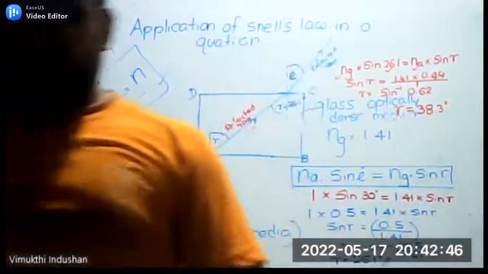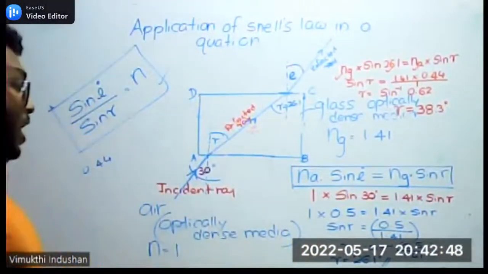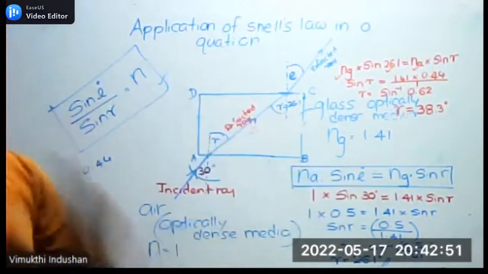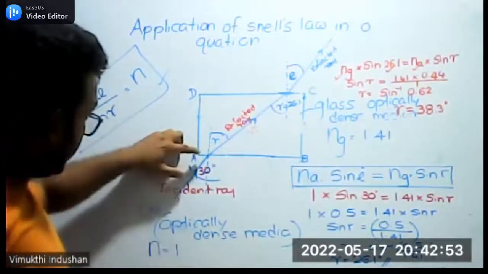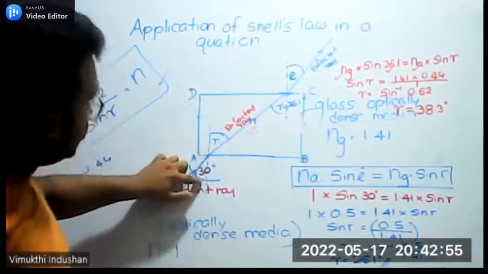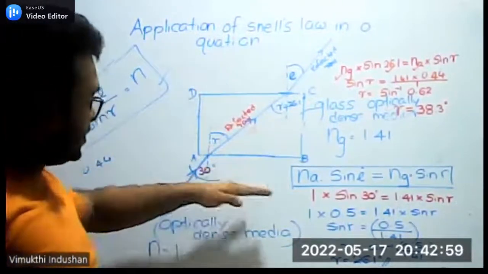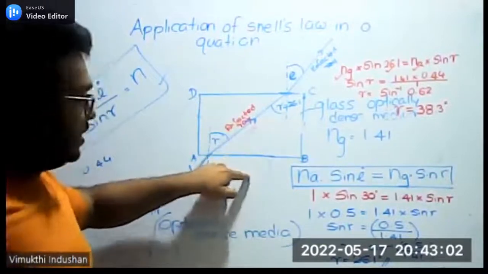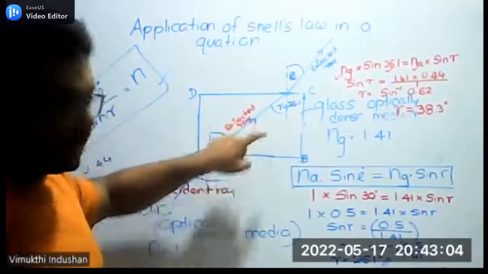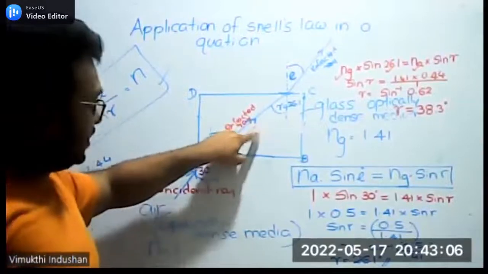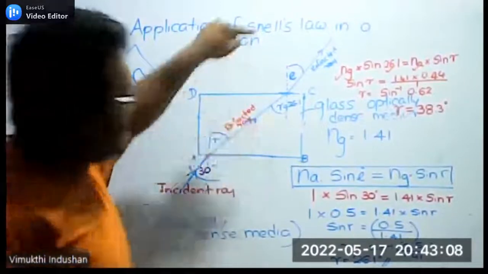Here there is something you should understand. If you take an ideal scenario, the angle of incidence here should be the same as the angle of emission here, because it's the same medium. After traveling through glass, this ray is entering the same medium.